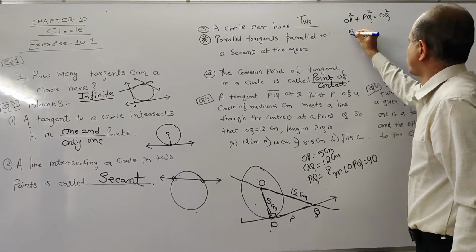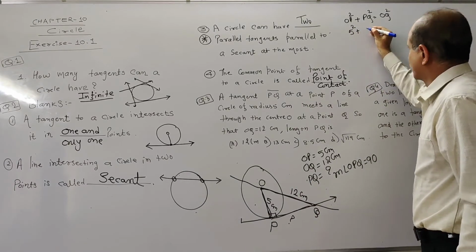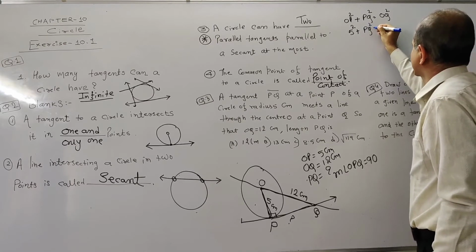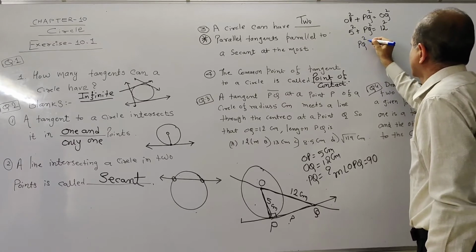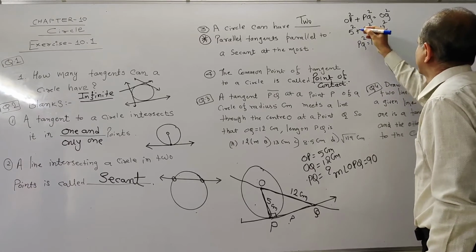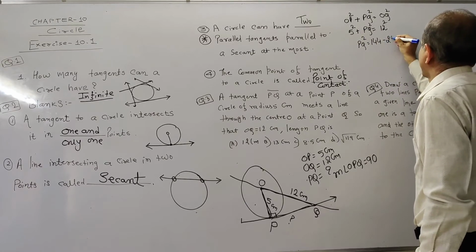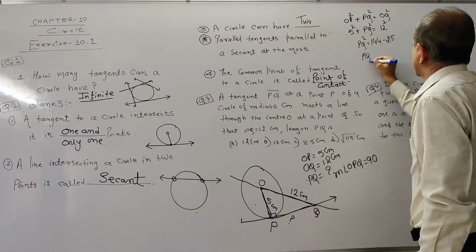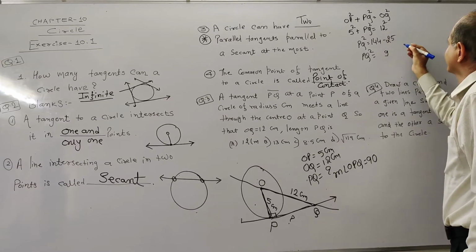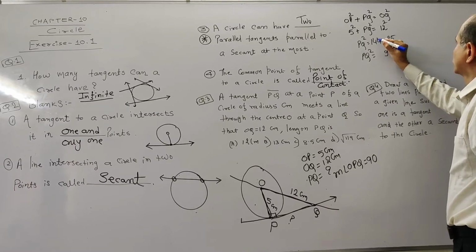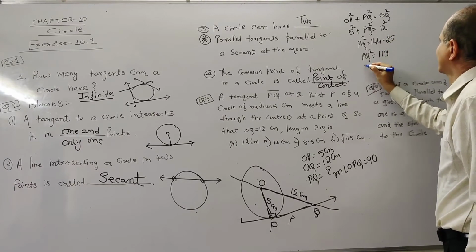OP square means 5 square, plus PQ square means question mark, is equal to 12 square. So PQ square is equal to 12 square, 144, minus 5 square, 25. So PQ square is equal to 144 minus 25, that is 119.